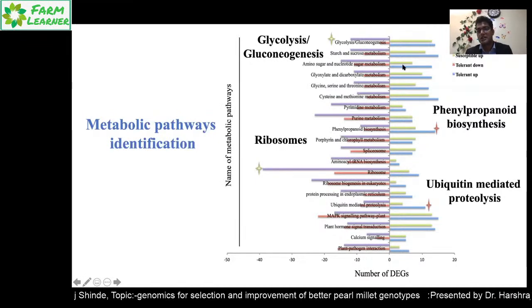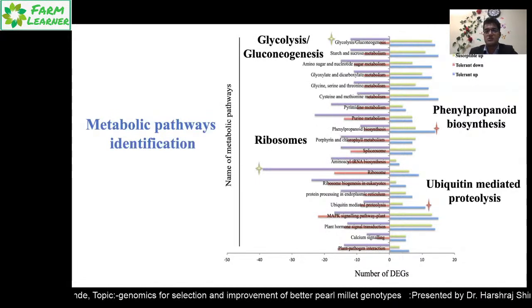Among the pathways, the key difference was in glycolysis and ribosomes, then phenylpropanoid and ubiquitin-mediated proteolysis pathways. For example, the glycolysis and gluconeogenesis pathway shows very high downregulation in susceptible genotypes, but this pathway showed very little downregulation in tolerant genotypes.